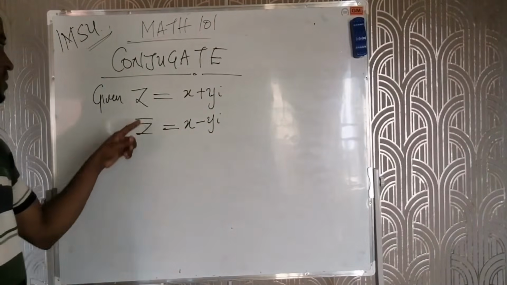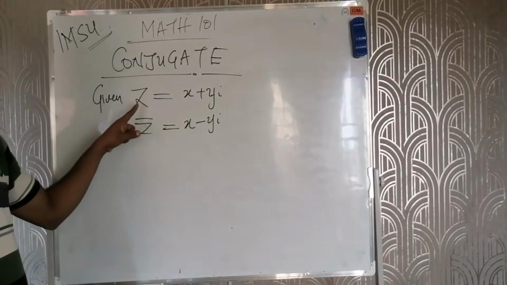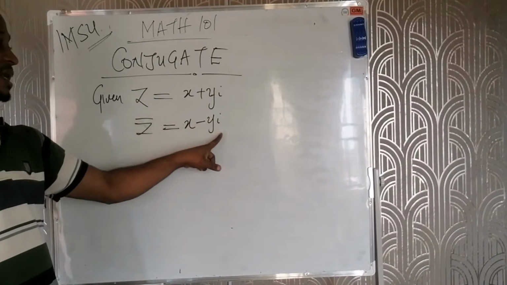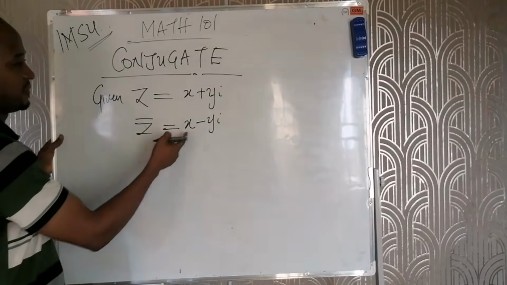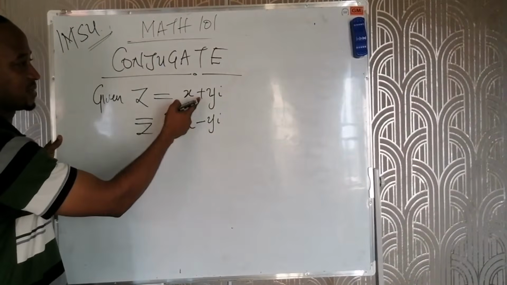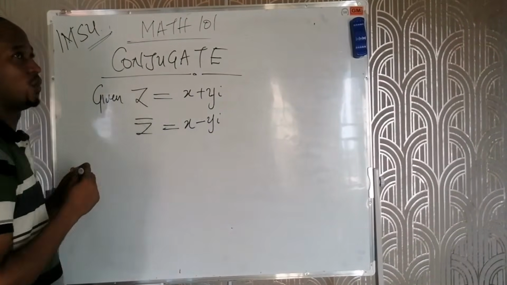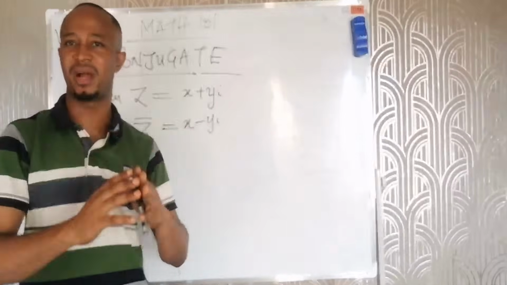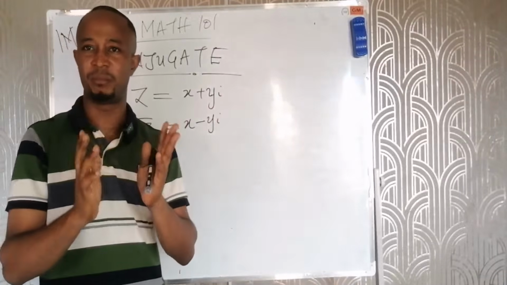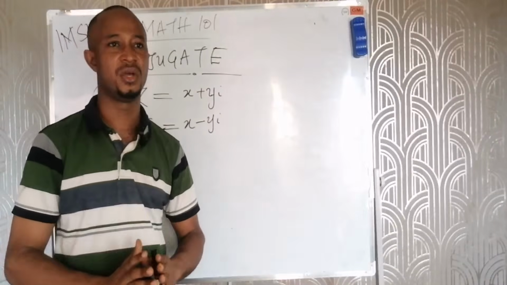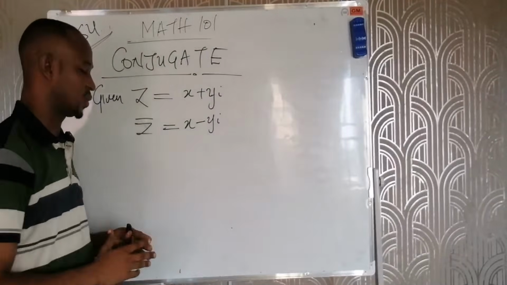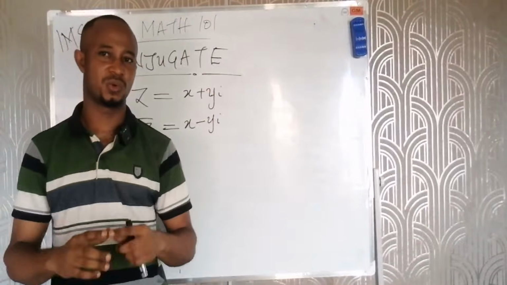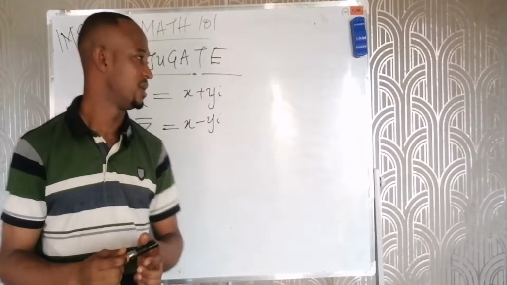The conjugate of x minus yi is x plus yi. The word conjugate just means the reverse sign of the imaginary part of a complex number. That's what conjugate represents.